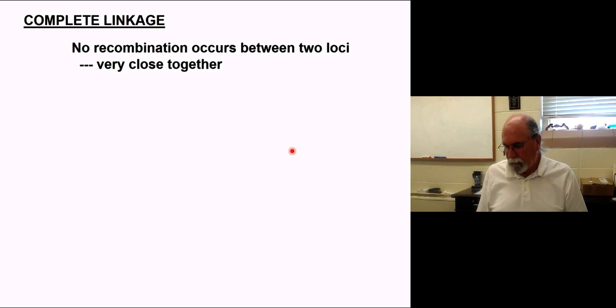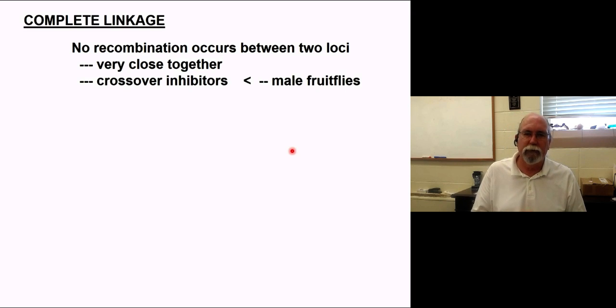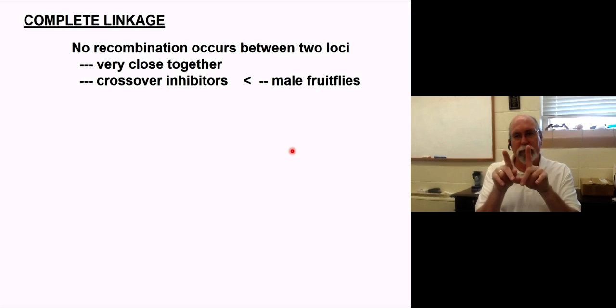And we'll talk about how that works later when we really look at where genes are located, but that's one of the ways. The other is that sometimes there are crossover inhibitors, things that stop the process of crossing over and recombination. Male fruit flies, for our purposes, have this. Not the females. Females can cross over during meiosis all you want, but in males something inhibits the process by failing to produce the right polymerases, the things needed to recombine.